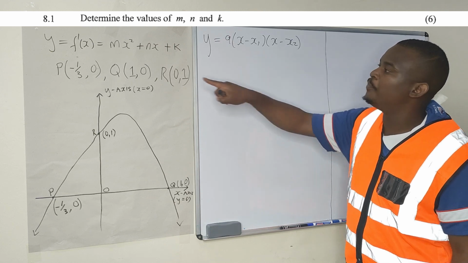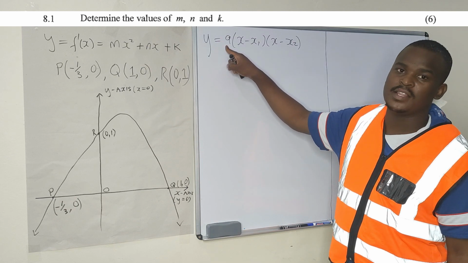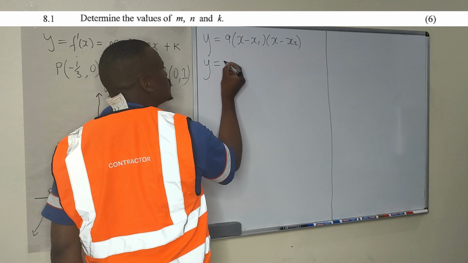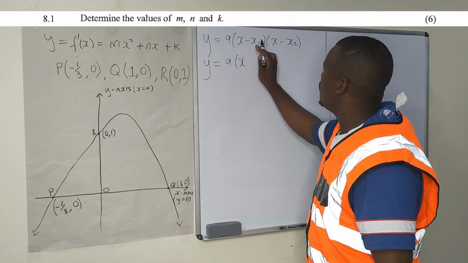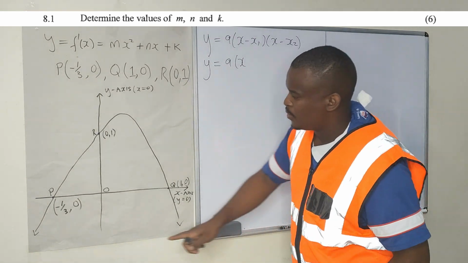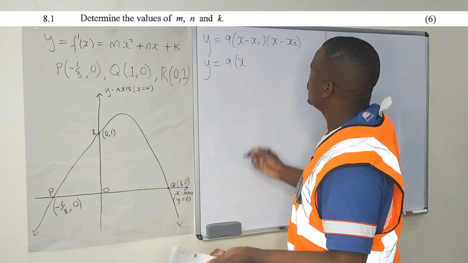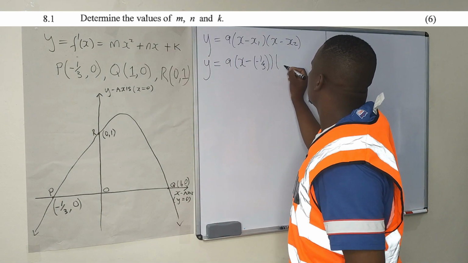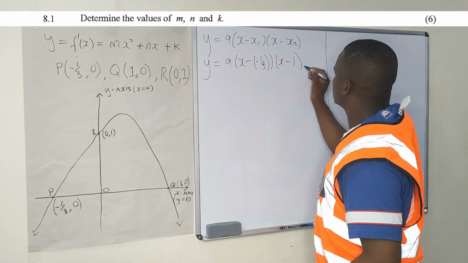And then you use the third point that you're given to find the value of a. So y is equal to a times (x minus x-intercept 1). My x-intercept 1 can be this one or this one, but I'll take it to be that one, which is x minus (minus 1 over 3), times (x minus x-intercept 2), which is 1, right?